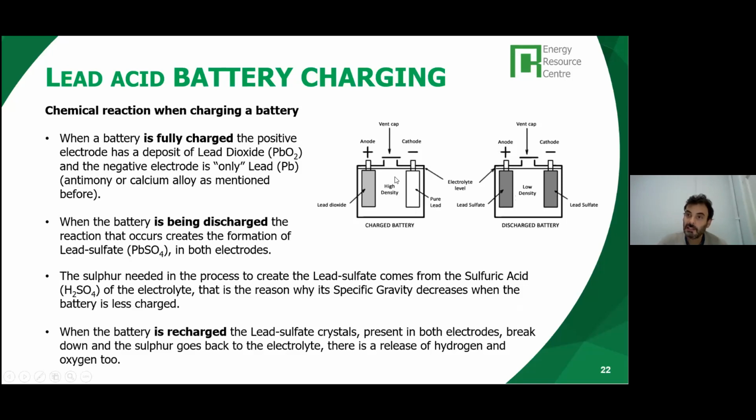If it's a high density, a lot of acid in the electrolyte, the battery is charged. If the electrolyte has low density, little quantity of acid, then it means that the battery is mostly discharged or at a low state of charge.